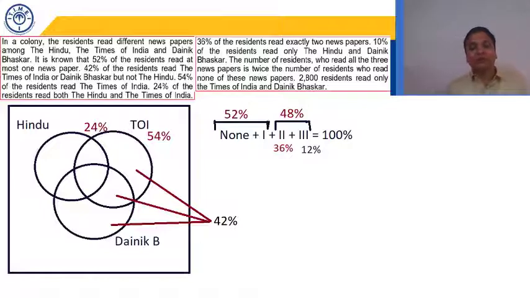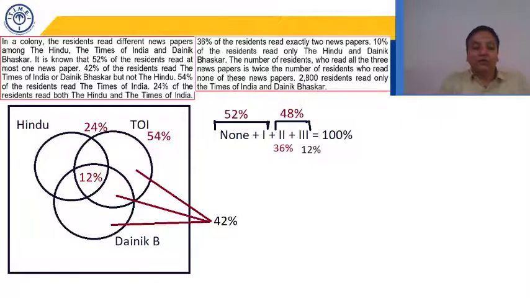Let's start filling it together. Exactly 3 we write is 12%. Place it in the region which gives exactly 3.